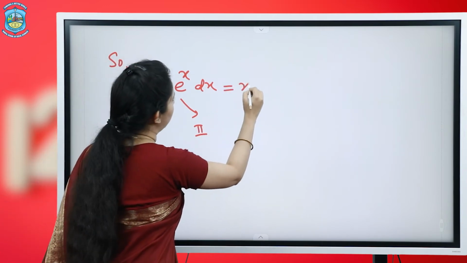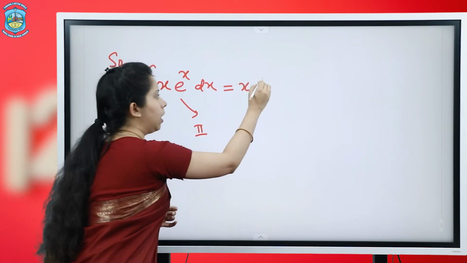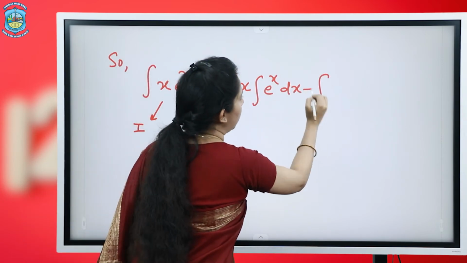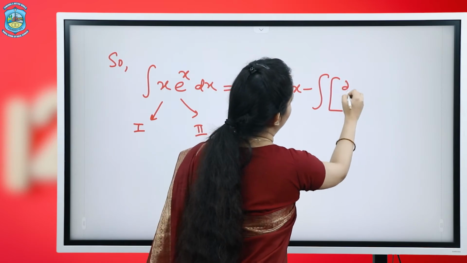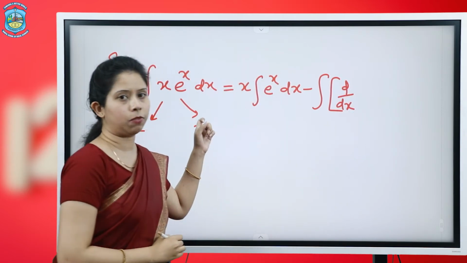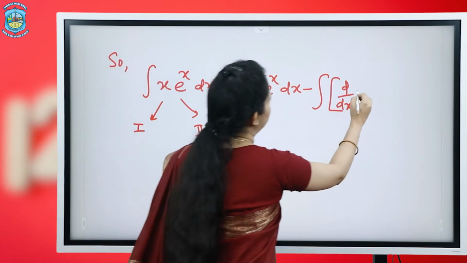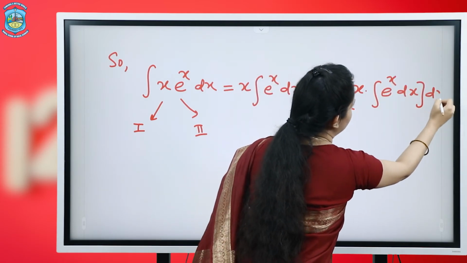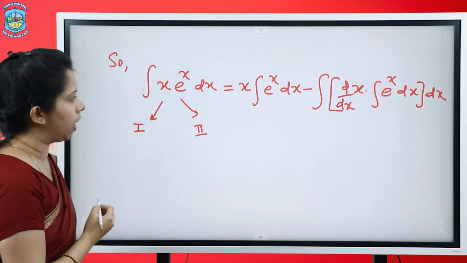So first function remains as it is, integration of the second, minus whole integration, differentiation of the first function. So here the first function is x multiplied by integration of the second function, which is e raised to the power x.